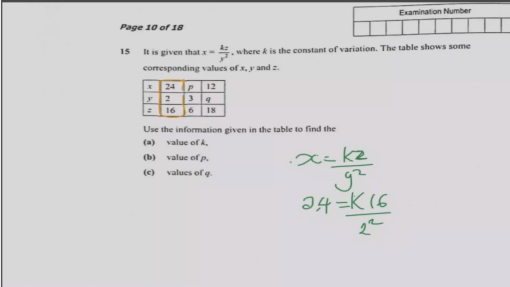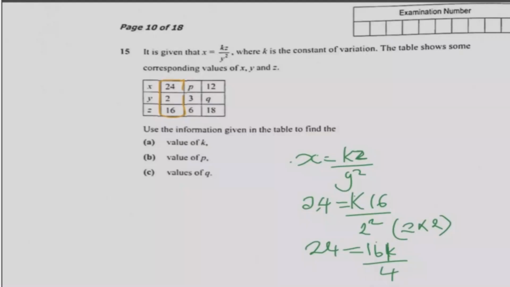Okay, so we just evaluate. 24 is equal to 16k over 2 squared, which is more or less like 2 times 2, which will give us 4.